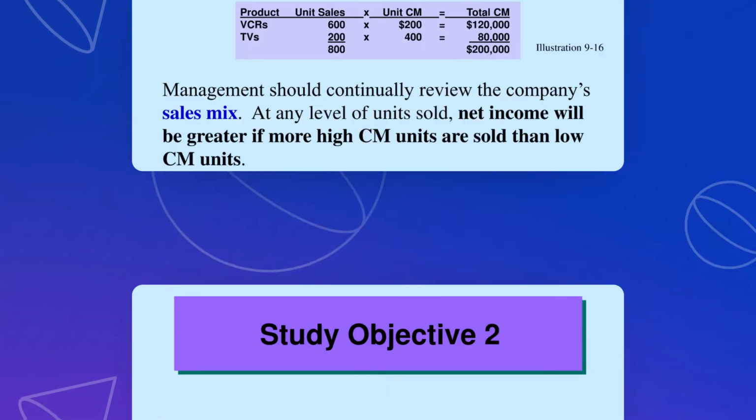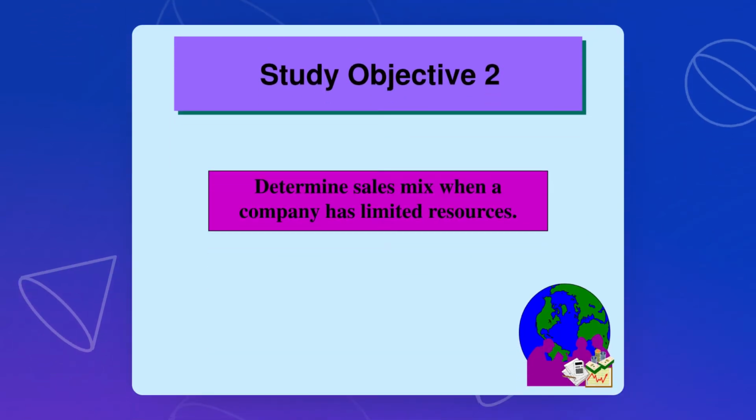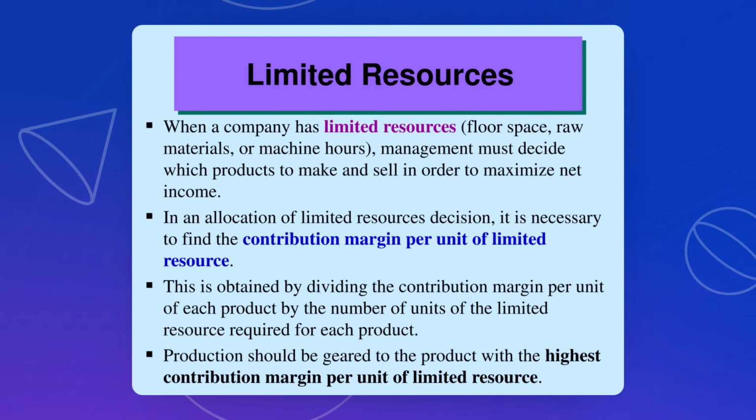Alright. Next one. Although it is part of your relevant costing, we will discuss already about the relevant costing, because in terms of the sales mix, particularly about determining the sales mix in companies with limited resources.